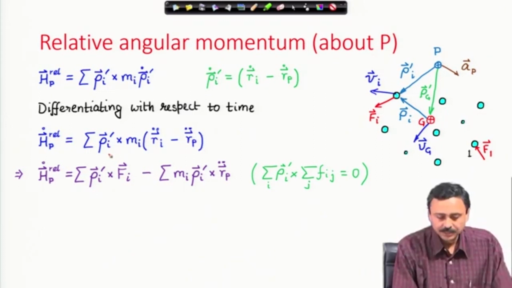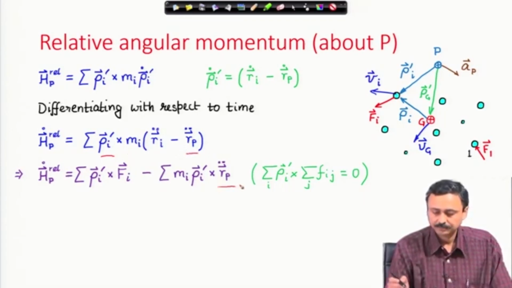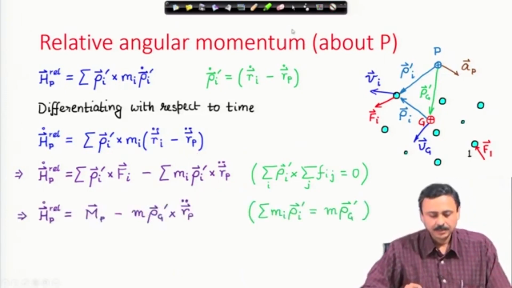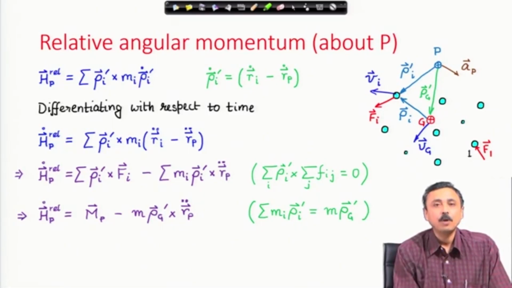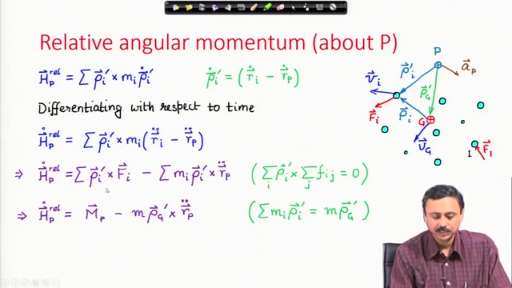The second term is rho_i prime cross m_i r_P double dot. And therefore, the rate of change of the relative angular momentum about P is the net moment about P, because rho_i prime cross F_i is the net moment of all forces about P, minus this additional term.